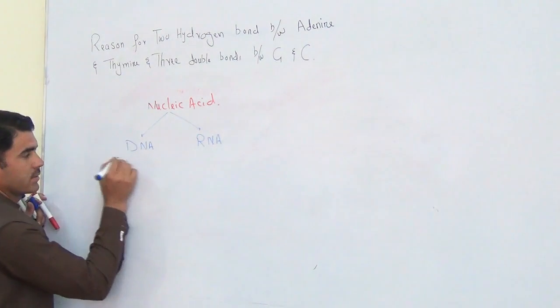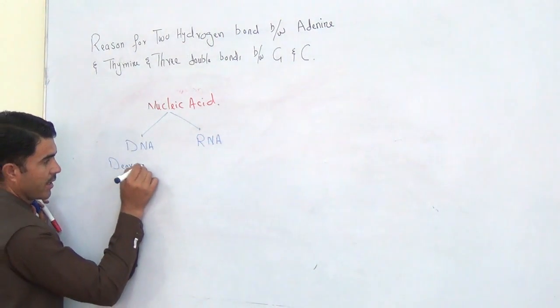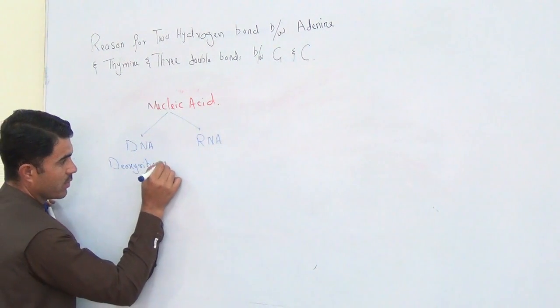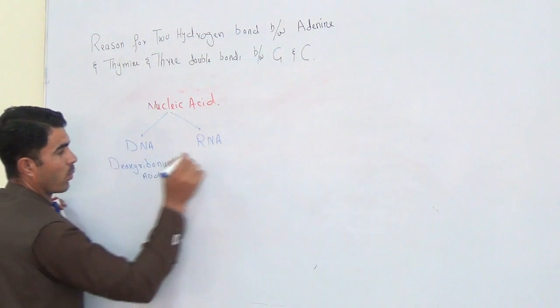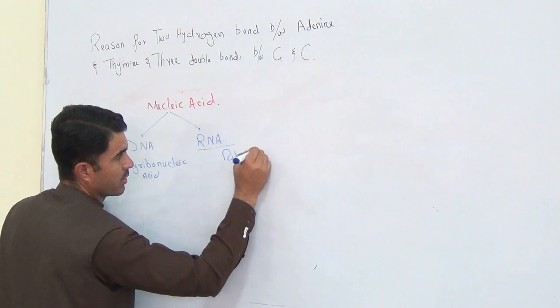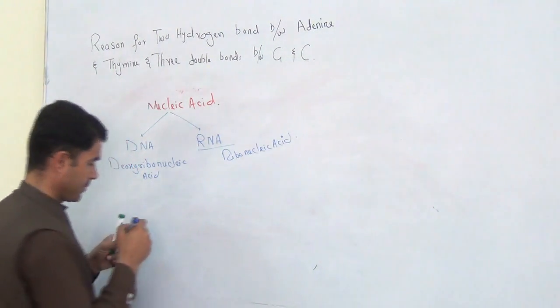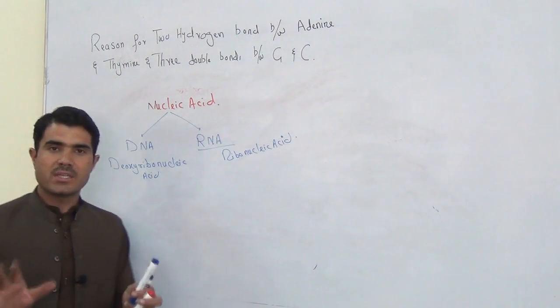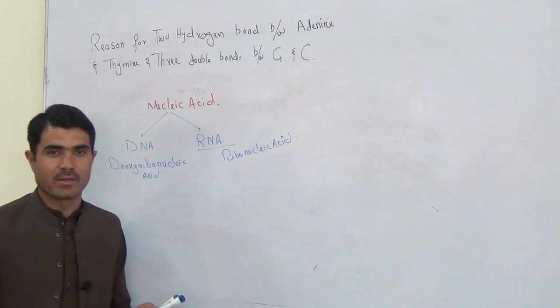The DNA can be written as deoxyribonucleic acid, while RNA can be shown as ribonucleic acid. Both the DNA and RNA, you got the structure in advance.